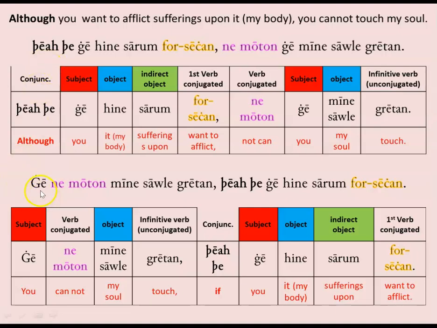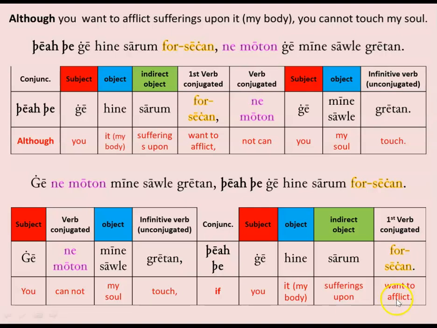Okay, so we could write that as: take the ye here, put it down the front, near moton into second place, near moton, mina saula garetan, comma, and then the whole subordinate clause goes in here. Theek the ye hina sarum forsechan. So what we end up with is ye near moton mina saula garetan theek the ye hina sarum forsechan. Okay, you cannot my soul touch if you my body sufferings upon want to afflict.